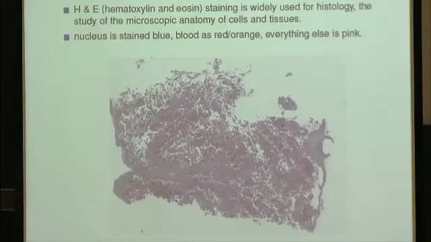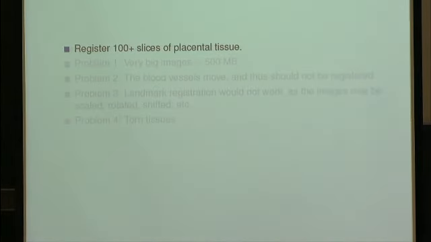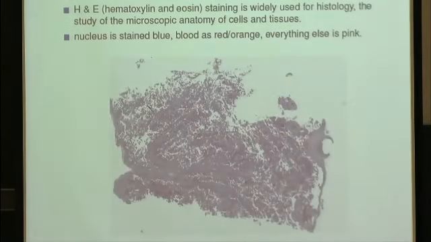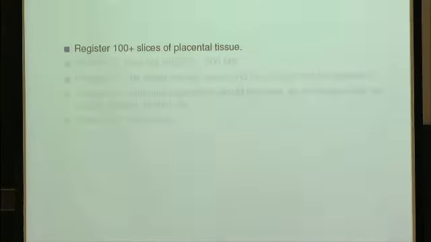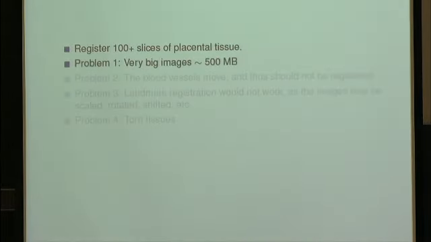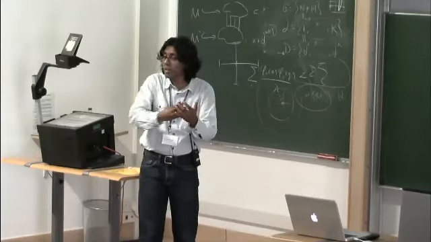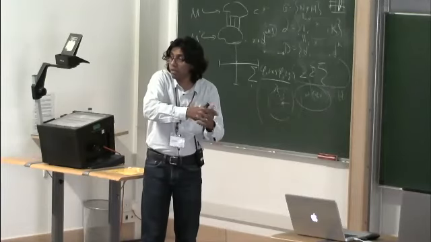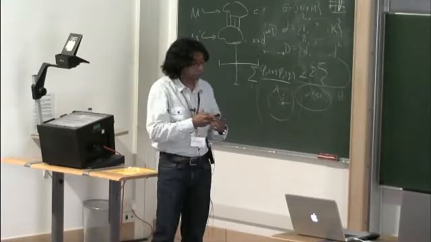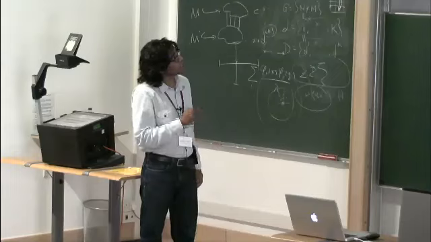Here the problem is, you have hundreds of such slices, and registration is a problem, because first off, they are very big images and the blood vessels move. So, you cannot exactly match or register everything. Yeah, thank you. So, that is a problem.